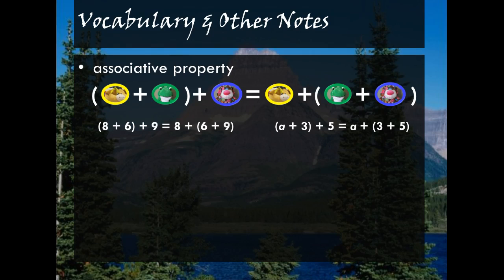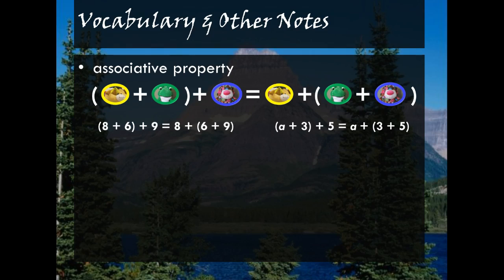8 plus 6 is 14, plus 9 equals 23. We can also see that 8 plus 6 plus 9 would be 8 plus 15, which also equals 23. The content of the parentheses changed, but the order of the numbers did not. This will also work with algebraic expressions.